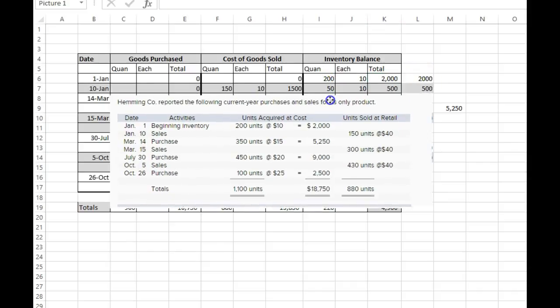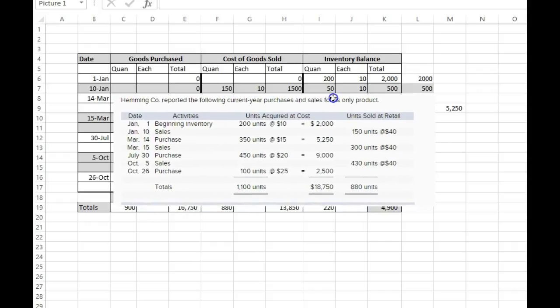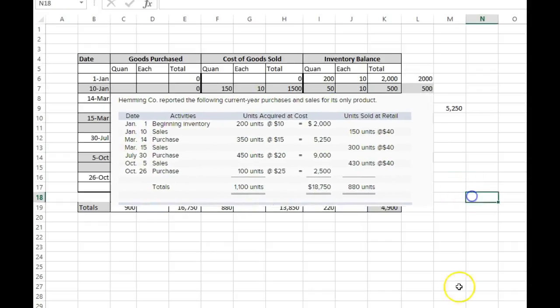So if we move this down, on January 10th, right here, we sold 150 units. So when I say sold, we're going to put that in cost of goods sold, so we can keep track of the amount of the cost.